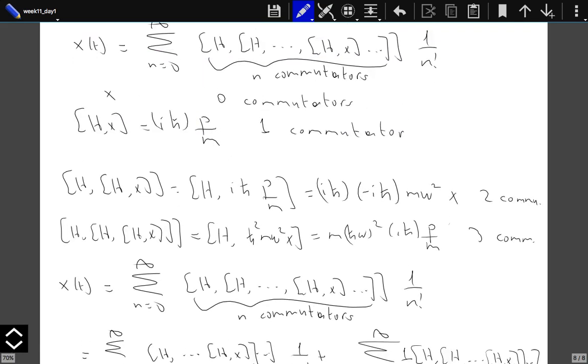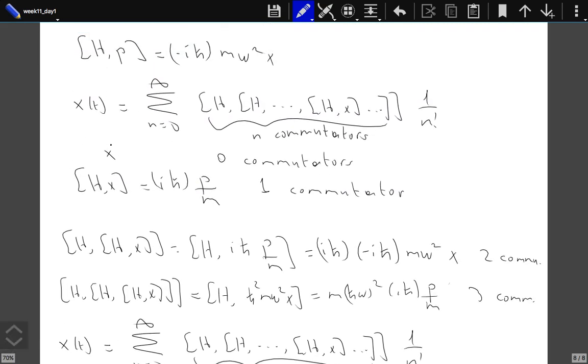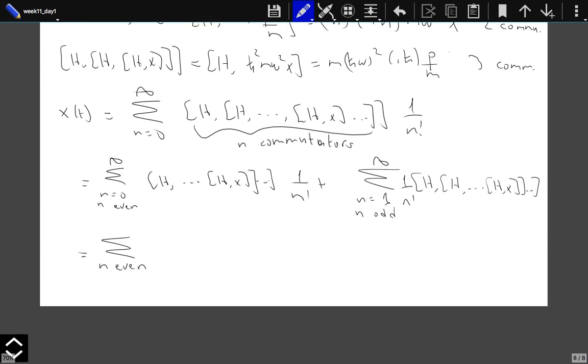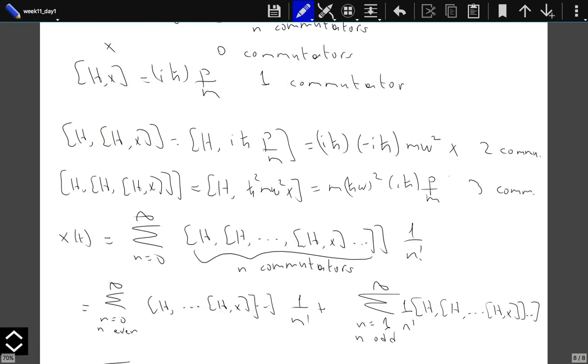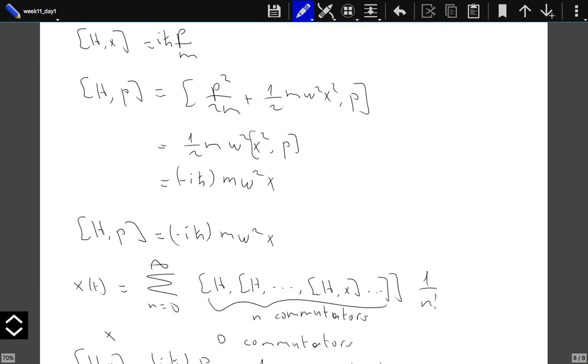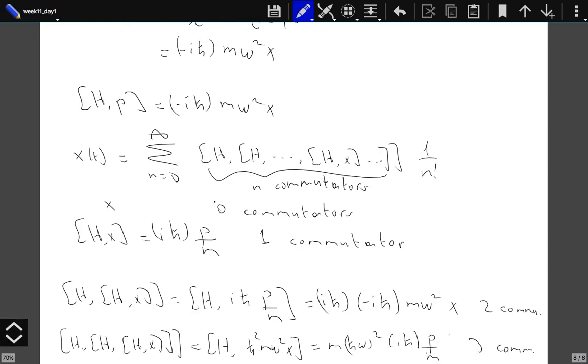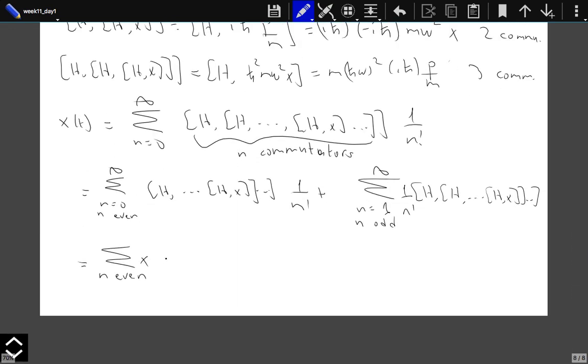Even n, well, let's see. If n is 0, I have x. If n is 2, I have x. If n is 4, I will still have x. So all of them are proportional to x. Now, if n is 0, the coefficient of x is 1. If n is 2, the coefficient of x is m times h bar omega squared, to the power n over 2.